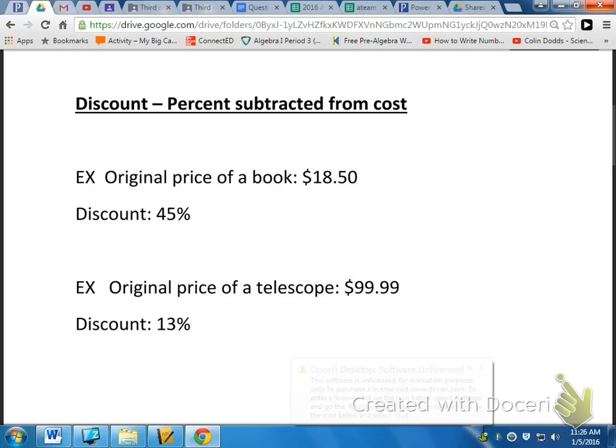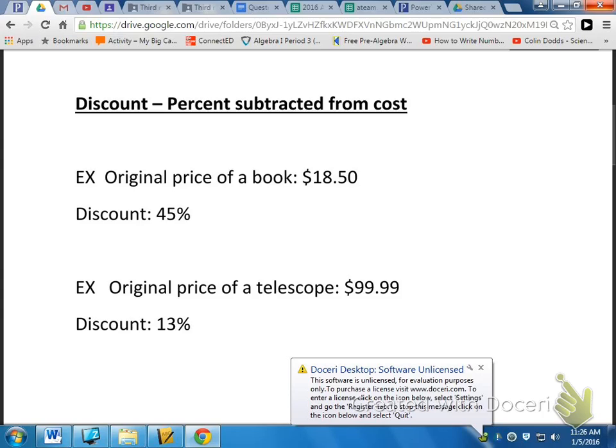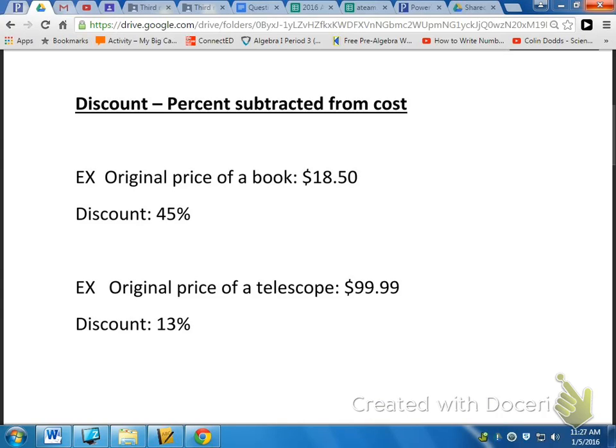Now we're going to look at discounts, and discount is the percent that's subtracted from a cost. Yesterday I showed you where you take the discount percent, multiply it with the dollar amount, and then subtract it away. But we're going to do something just slightly different. I want you to remember that when they give you a price, like the original price of a book, it's $18.50. That's 100% of the cost.